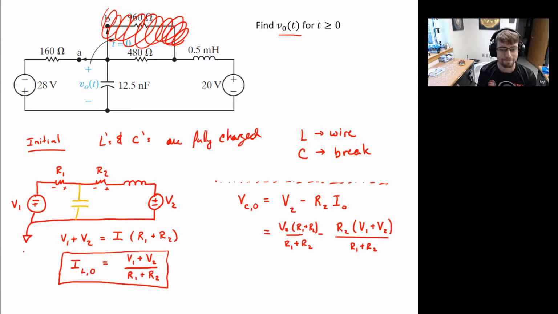Okay. Now we see that we get a bit of cancellation here. V1 times R2 minus V2 times R2, so that one cancels that one. And so what do we have at the end of the day?